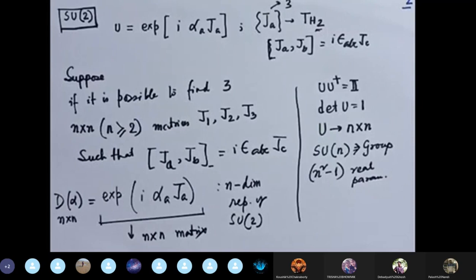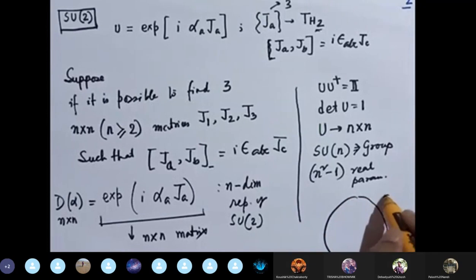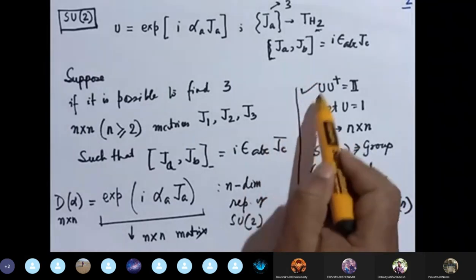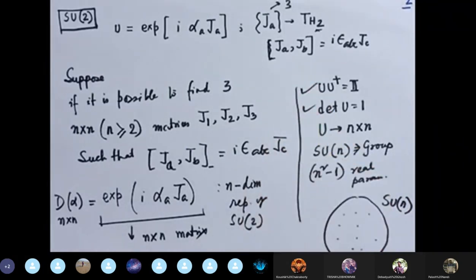Each matrix here satisfies these two conditions. Obviously, they have n square minus 1 generators, so they will satisfy some Lie algebra. Forget about it.